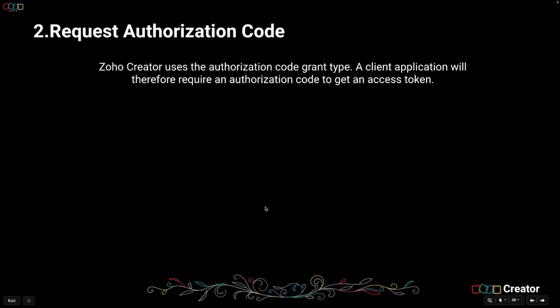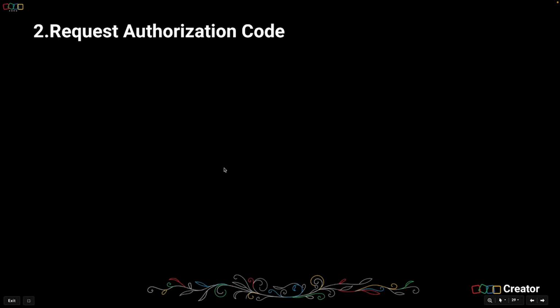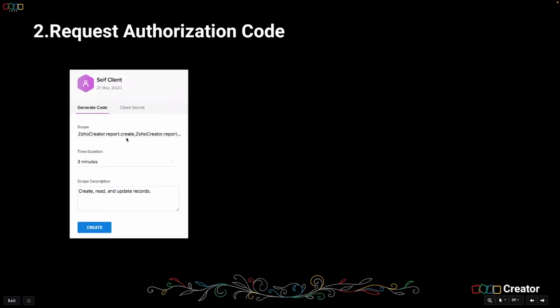The second step is to request the authorization code. Zoho Creator uses the authorization code as a grant type, so the client application will require an authorization code to get an access token. To get the access token, we make use of our developer console and generate the authorization code first. That can be done by passing the defined scopes.